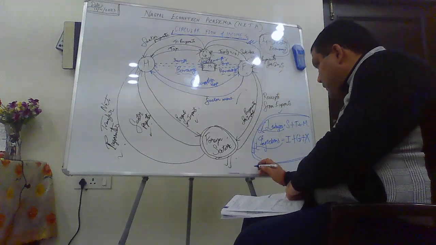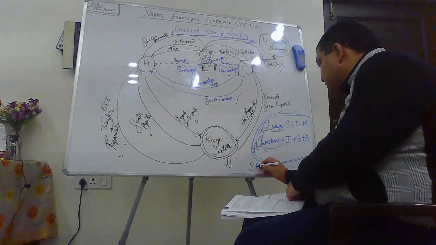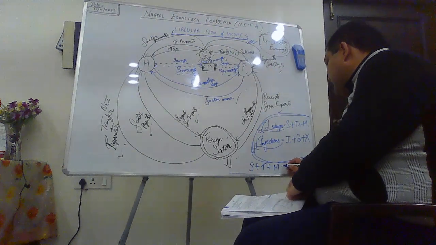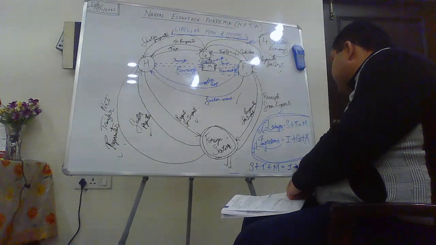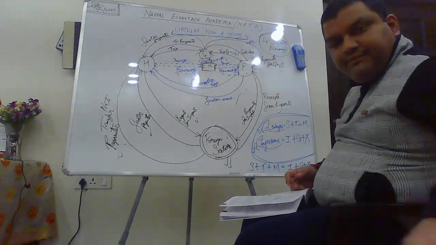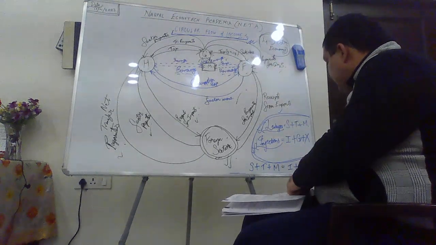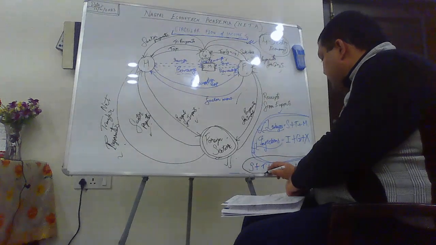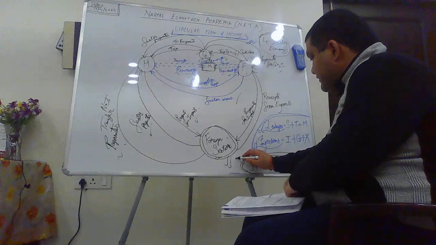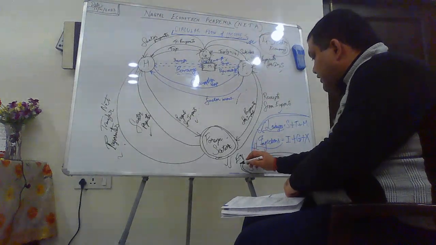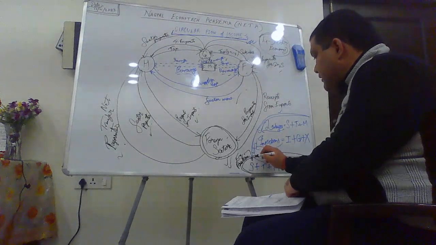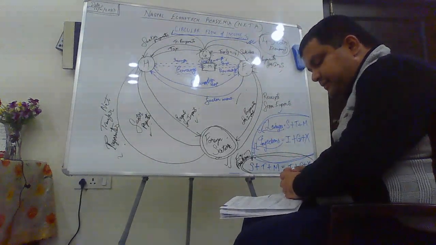That is, when savings plus taxes plus imports is equal to investment plus government expenditure plus exports. This is the key requirement for equilibrium to be attained. This is the equilibrium position of the four-sector model economy. Right?